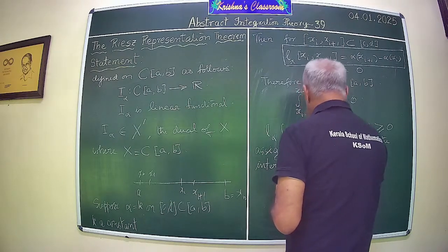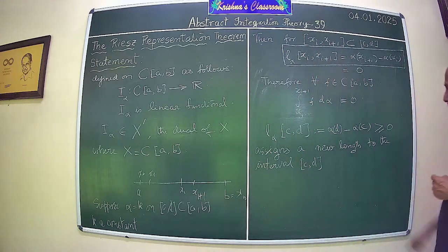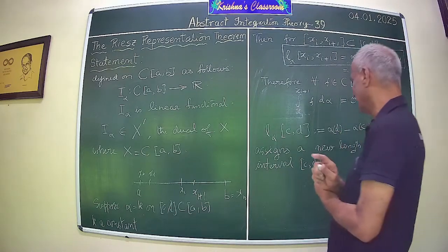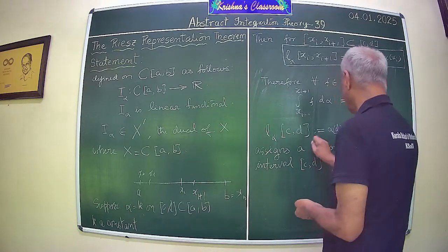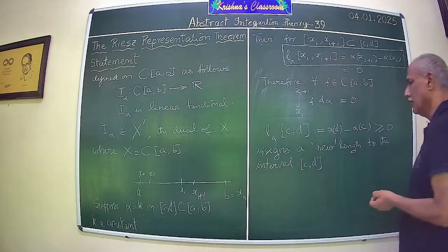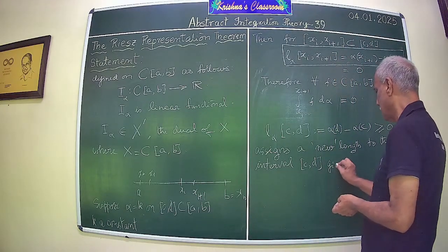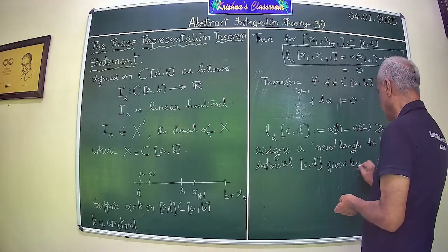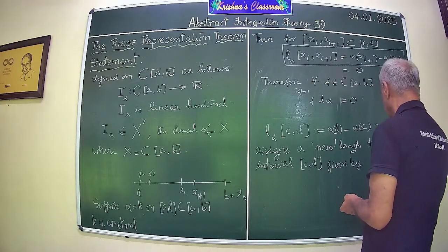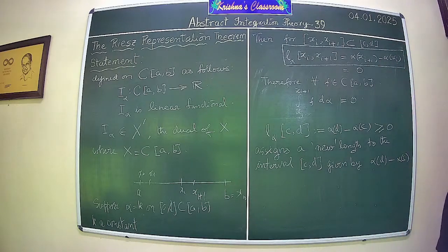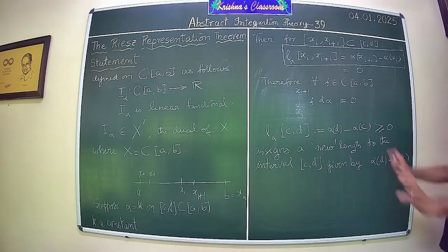The usual length is D minus C. But now this is going to be alpha D minus alpha C, which is greater than or equal to 0. So this assigns a new length to the interval CD. So the complete concept of length has been redefined.